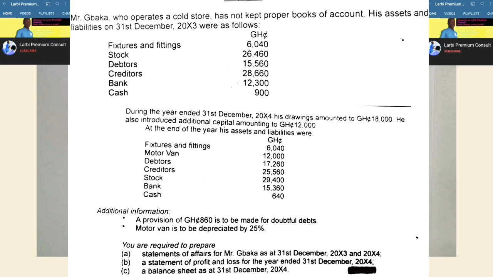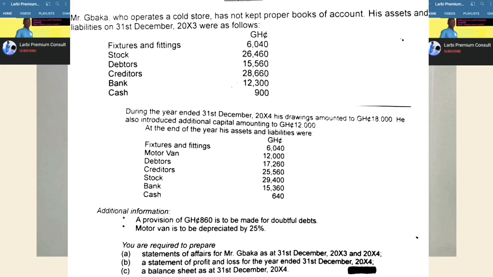It's similar to a balance sheet: we add all assets, then subtract all liabilities, and whatever is left will be our capital, whether closing or opening, depending on the date given. That is the thing we need to understand in that case.